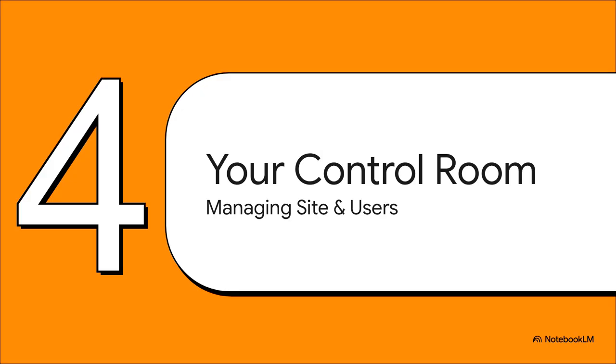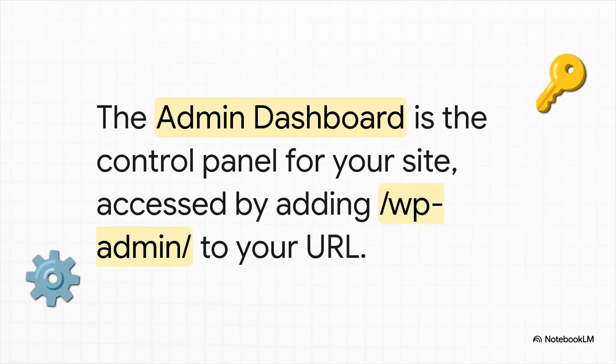Okay, so our digital home is built. It's designed beautifully, it's packed with cool features. Now what? Well, now you need the keys and the master control panel to manage the whole thing. Welcome to the Command Center. You just add /wp-admin to the end of your site's URL, and boom, you've unlocked the entire backend. And hey, don't worry, this isn't some scary, complicated screen full of code.